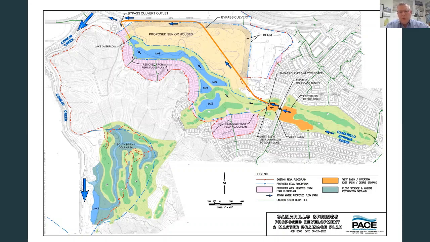Not only do we have our internal quality control checks and balances, it also goes through the county's review process and FEMA's review process. Each of those agencies has a significant amount of data that we compare our results to, so we have three levels of quality control: our own, the county's, and FEMA's.